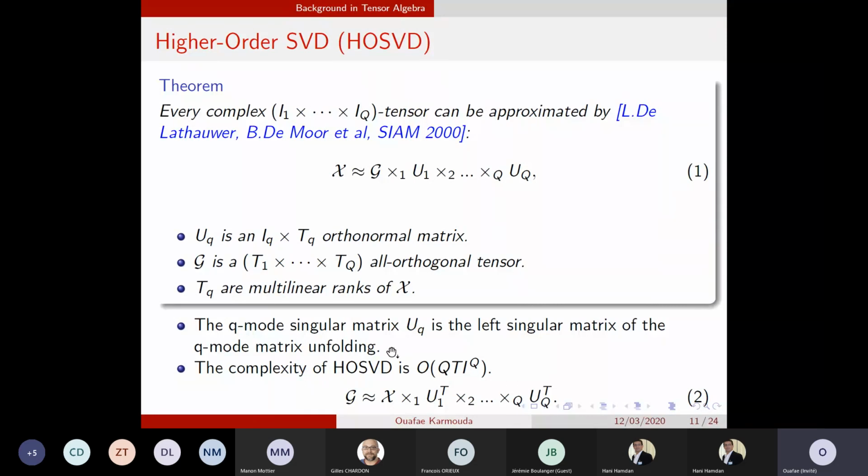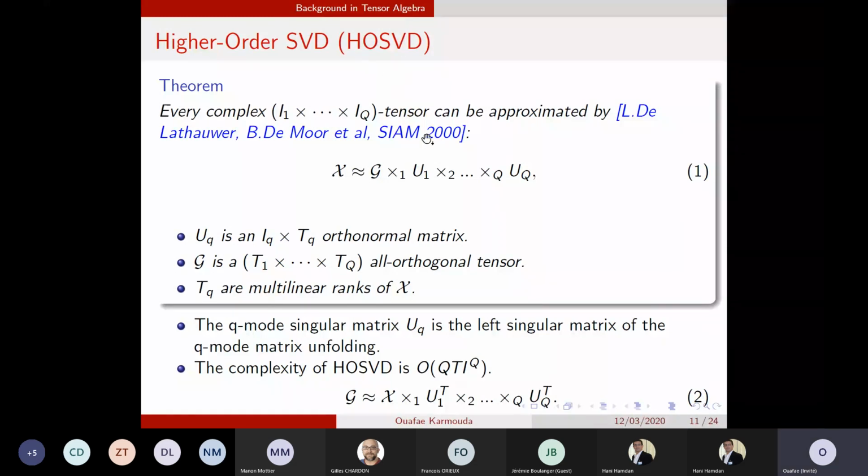So the computation of this tensor decomposition leads to computing singular value decompositions for matrices of larger dimensions. If we call T the maximum of the multilinear ranks T1 to TQ, the complexity of the higher-order singular value decomposition will grow linearly and exponentially with respect to the order of the tensor.